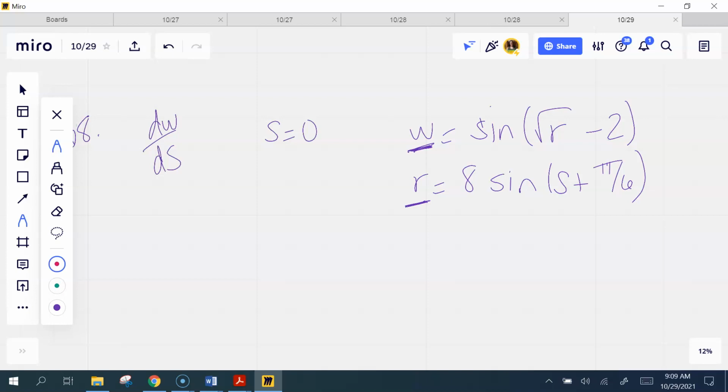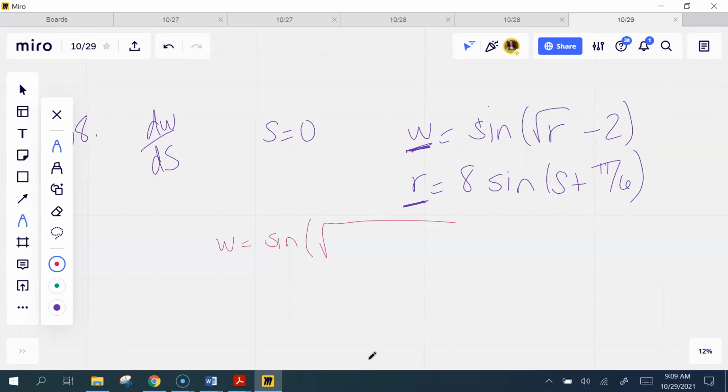Is that what y'all did on the quiz? Okay, we can plug in. If I plug in, that's saying that w is the sine of the square root. That's what I would do. I would find the derivative of each one. Let's do that then. It's still plugging in.